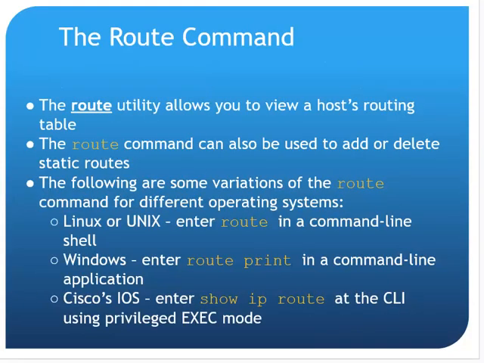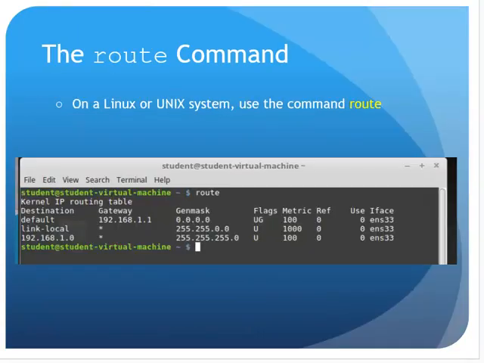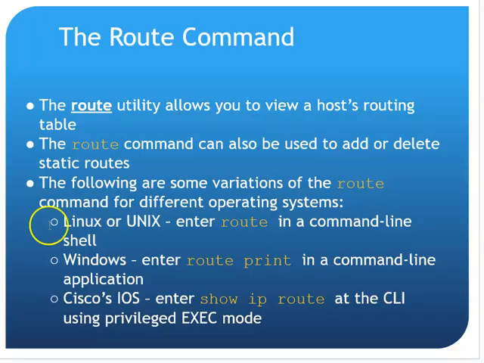There are commands to see routing tables, the route utility, if you will, the route command. Depending on what system you're on, if I'm on a Linux or Unix system, if I use the route command, it'll show the routing table, the routing path, if you will. Here would be the Linux version here, route. Okay. If I'm on a Windows, I would do a route print, and again, that would show the routing table here.